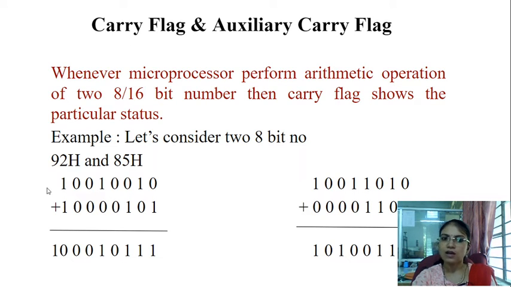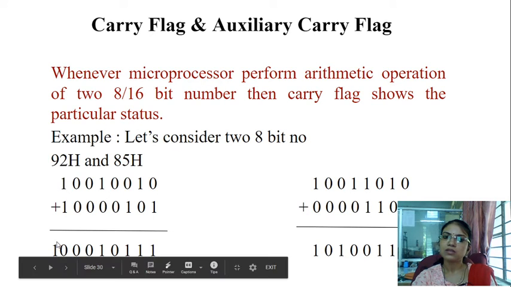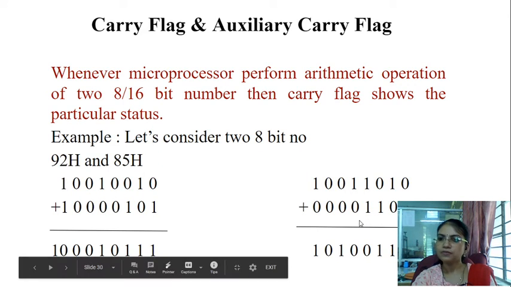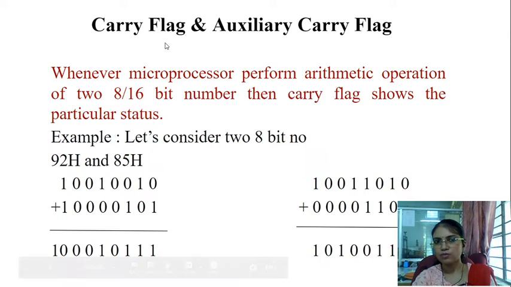In carry flag, after adding the 8-bit number, you get the 9th bit result, that is copied into the carry flag. But in auxiliary carry flag, while performing the addition of two 8-bit or 16-bit numbers, after adding the 4 LSBs, if the carry is generated, that carry is copied into the auxiliary carry flag. So this is the difference between carry flag and auxiliary carry flag.